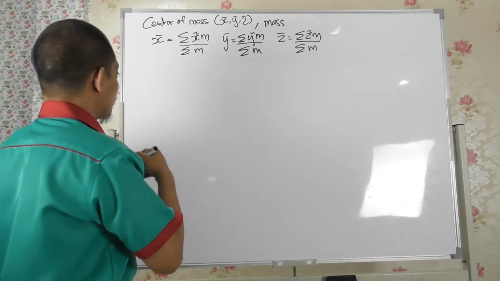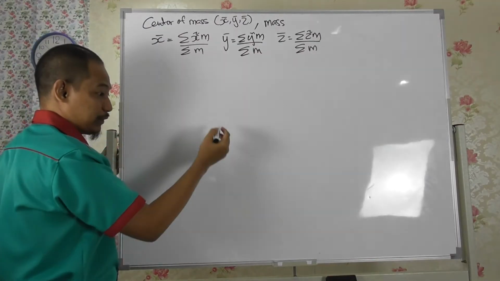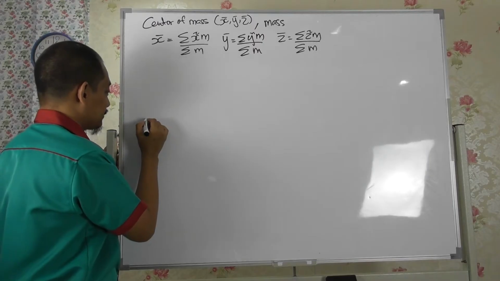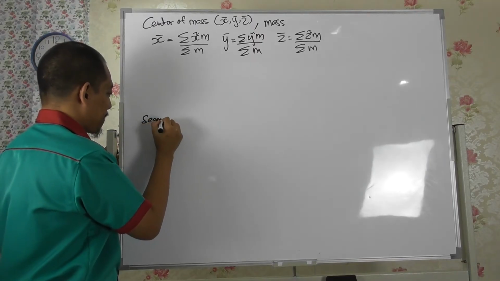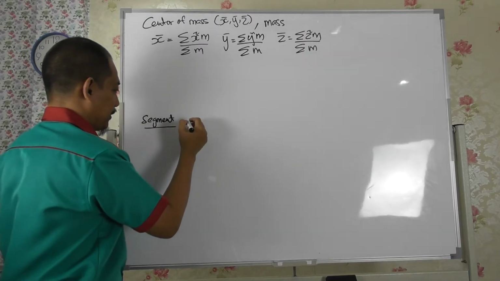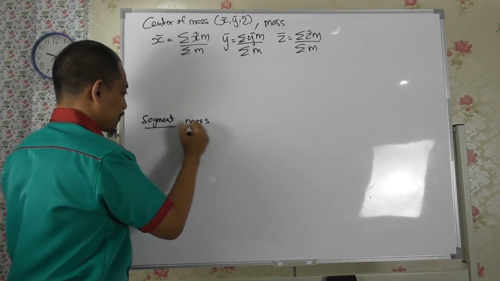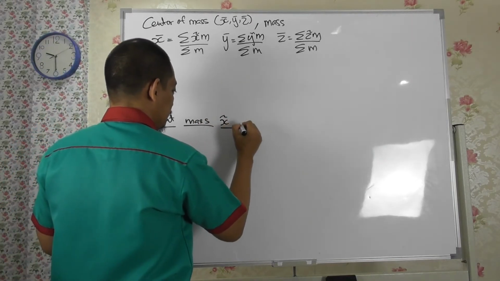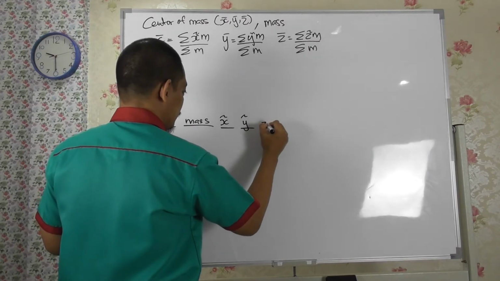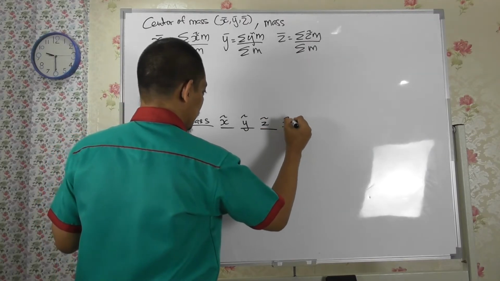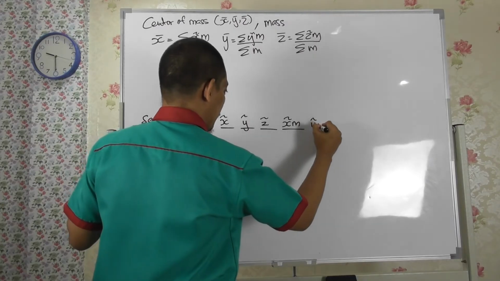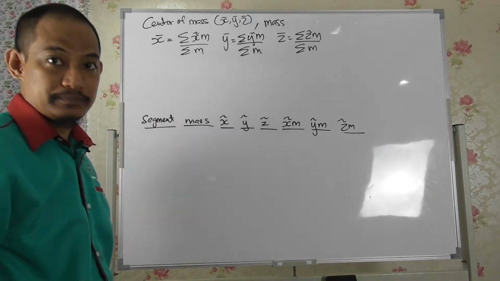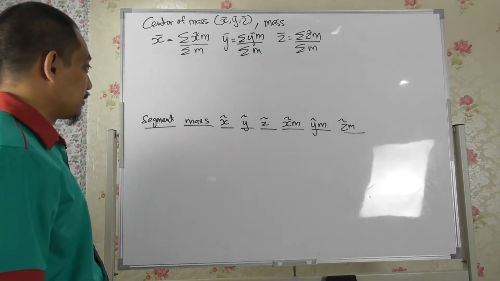So when we do the table, we have the segment, and then we have the mass, and then we have x, y, z, and then xm, ym, and zm, right? So that will be our columns.